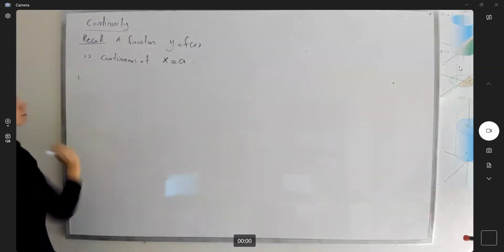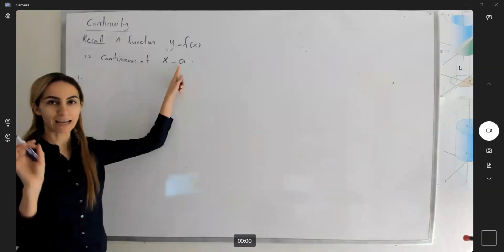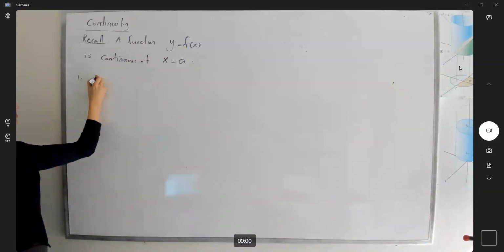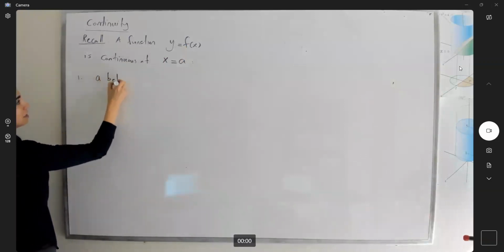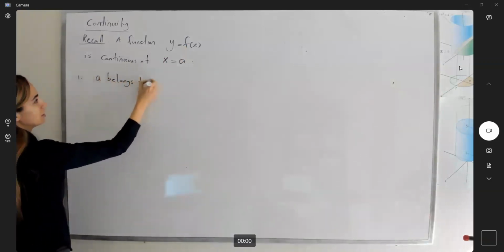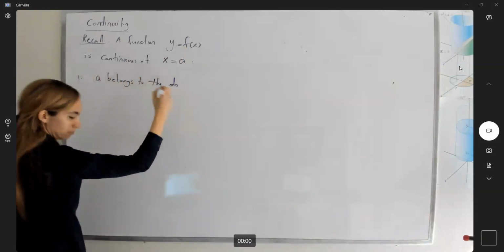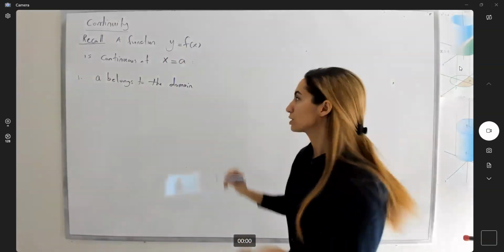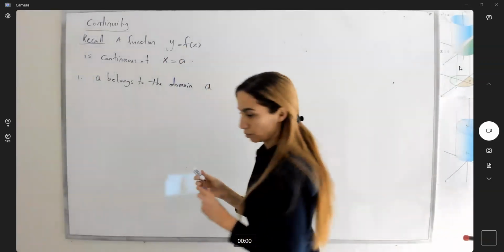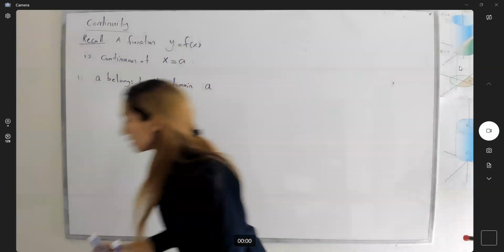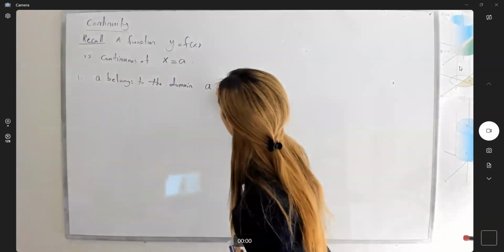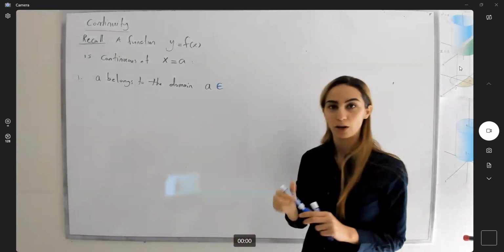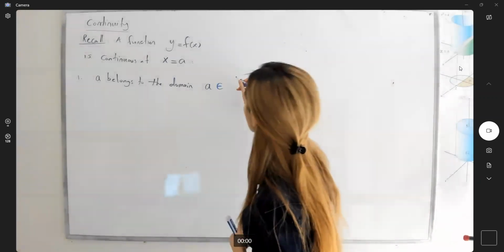The first condition is that the specific value a belongs to the domain of the function. The symbol that we're going to use here is this weird symbol, belongs to, the domain of the function.